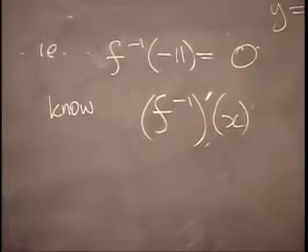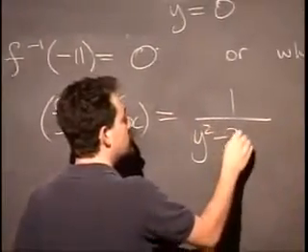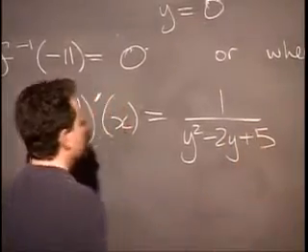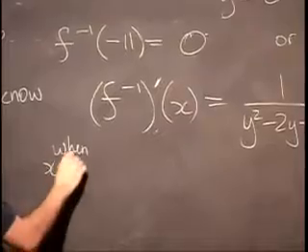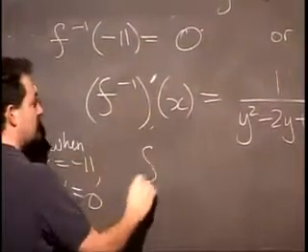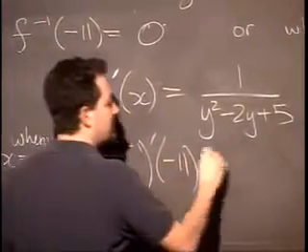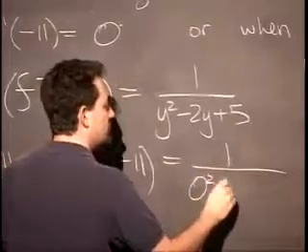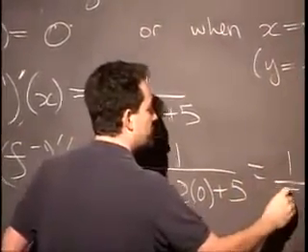We have proved above in part A that this is 1 over y squared minus 2y plus 5. So when x equals minus 11, y equals 0, and we just plug everything in, and we get 1 over 0 squared minus 2 plus 5, which is 1/5.